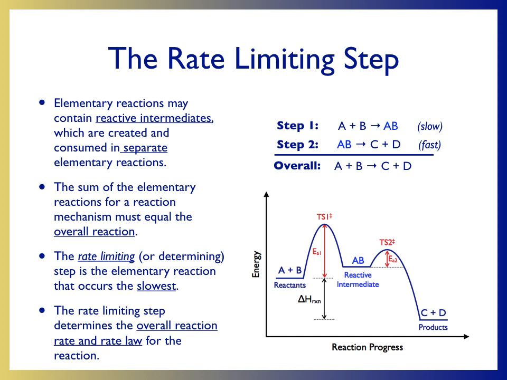It'll be this part of your commute that takes the longest to get through. This is the same idea with a rate determining step. The slow step will determine mostly how fast the reaction occurs.